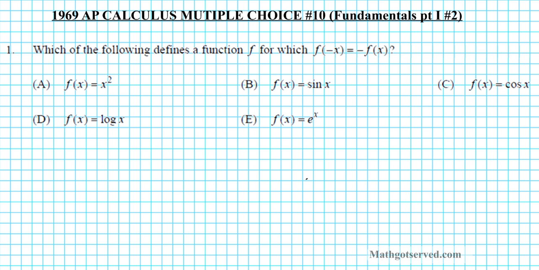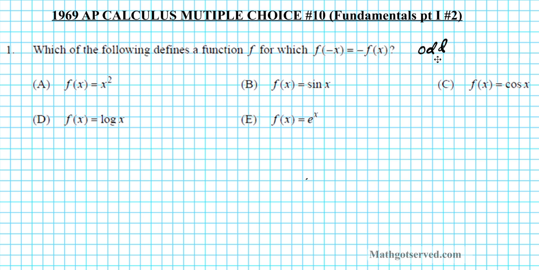It says, which of the following defines a function f for which f of negative x is equal to negative f of x? So if a function satisfies this equation right here, what is that function called? It is called an odd function.